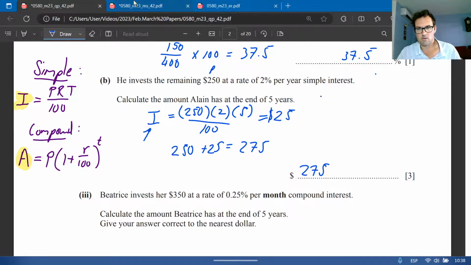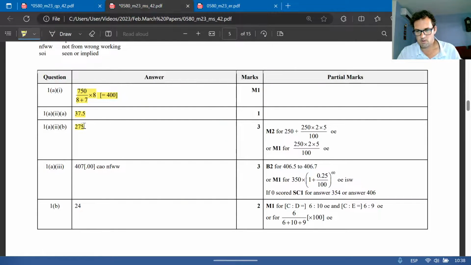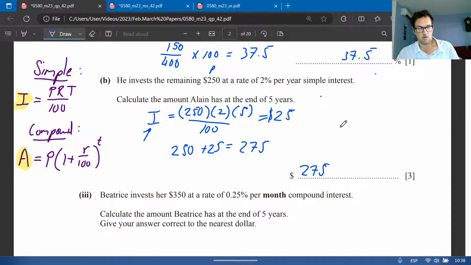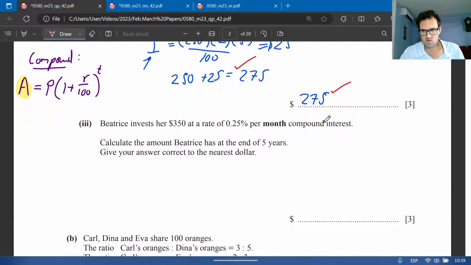It's not a lot, but it's correct. 1 mark for using the formula, and then adding it on to 250 gives you the second mark. Easy marks here, yeah? You understand what that means? 1 mark for using this formula, 1 mark then for adding it to get the total amount. Always think, does it make sense? $25 after 5 years? No.